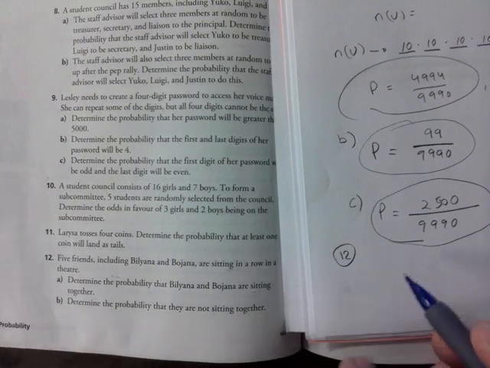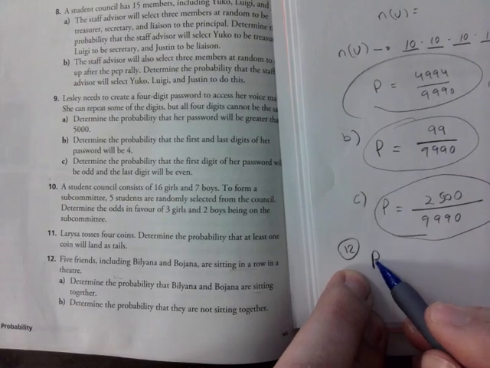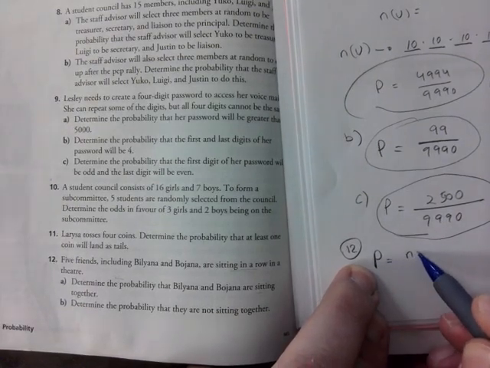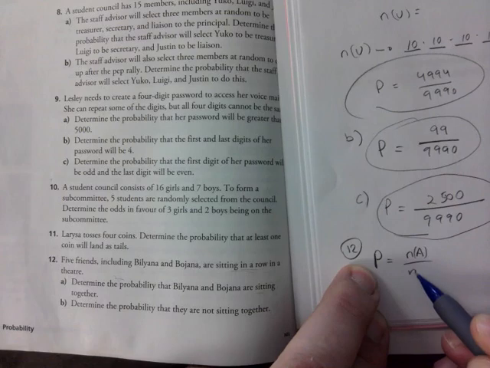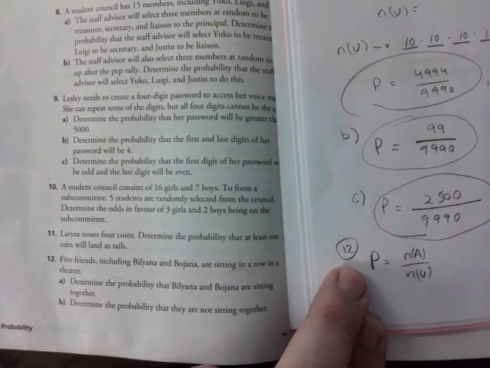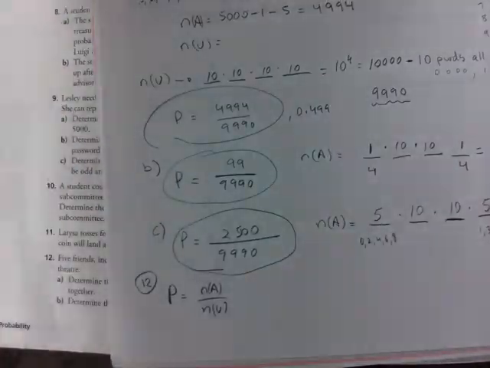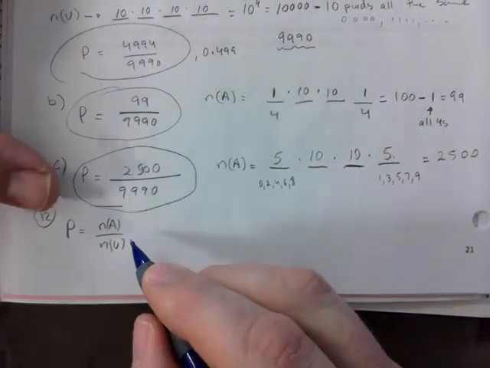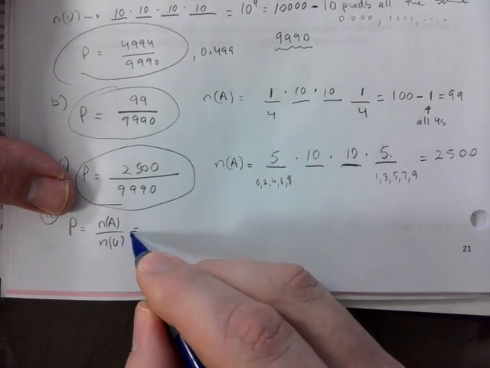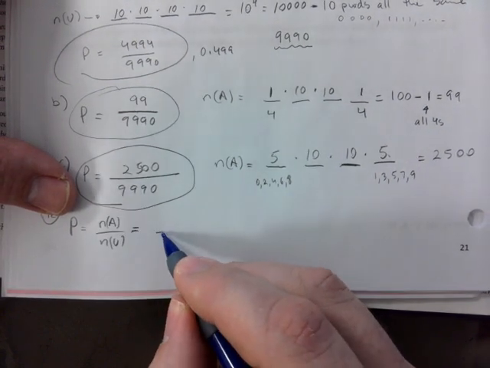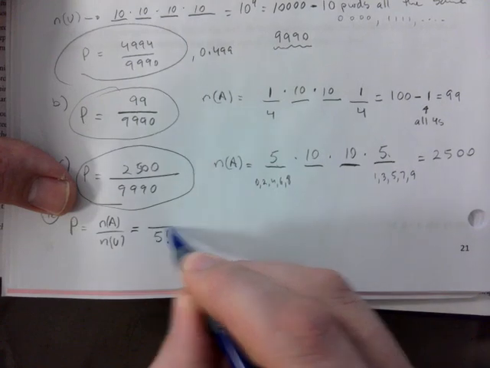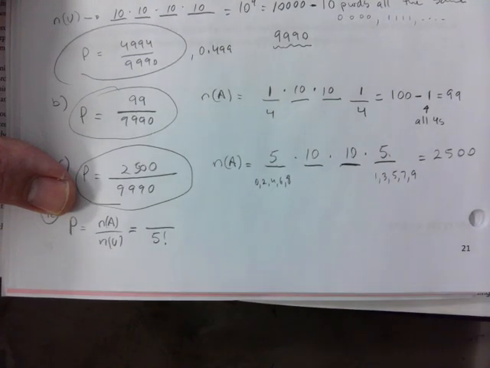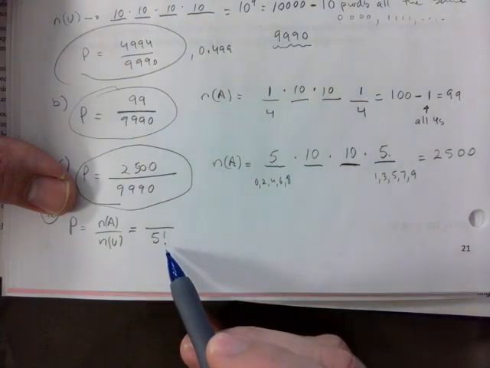So let's try this. Probability. I'm going to do my classic NA and NU. NU is just 5 factorial, right? If you have 5 people and you want to know how many times you can arrange them, that's 5 factorial.